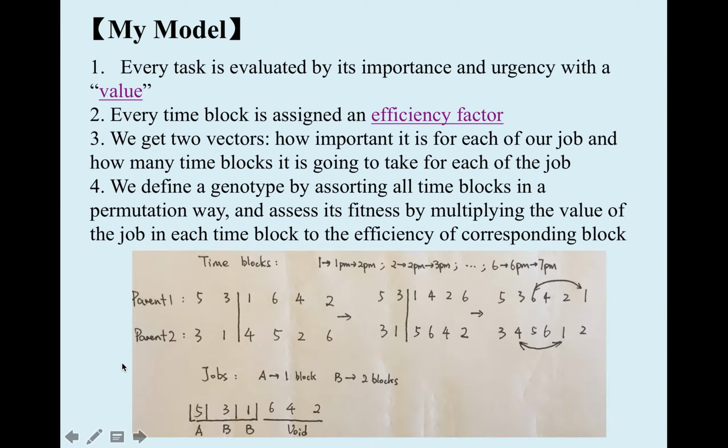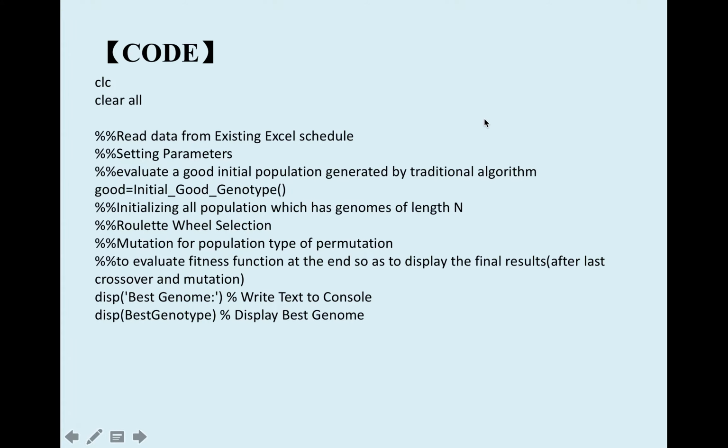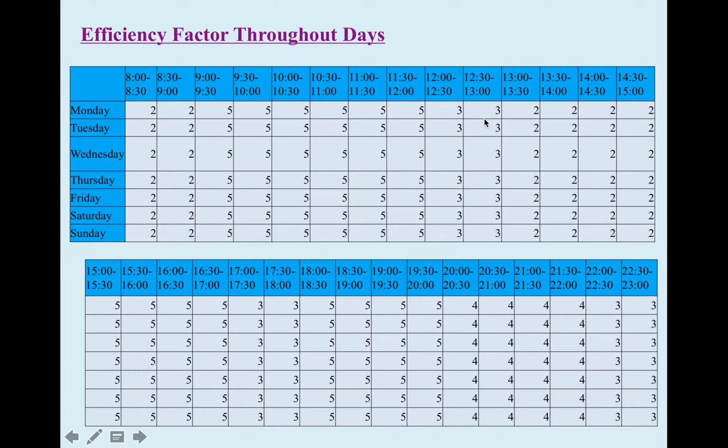After that, I will assign every time block an efficiency factor in the following way. In different times of a day, I have different efficiency, which indicates how efficient I am when completing jobs at that time.